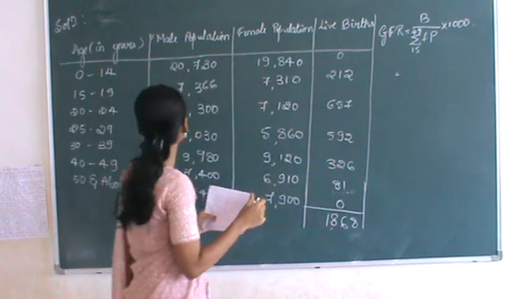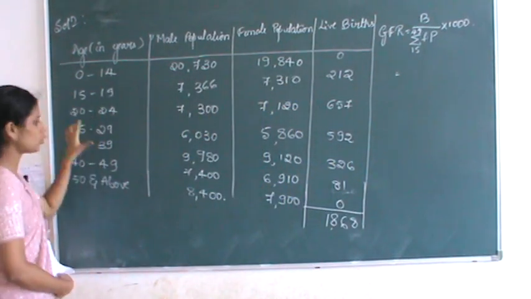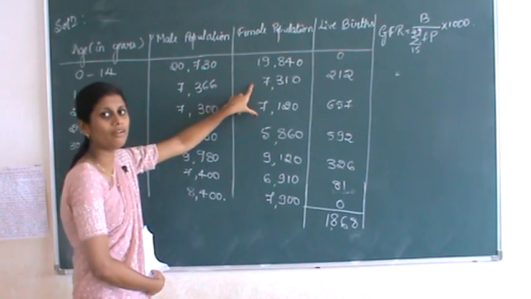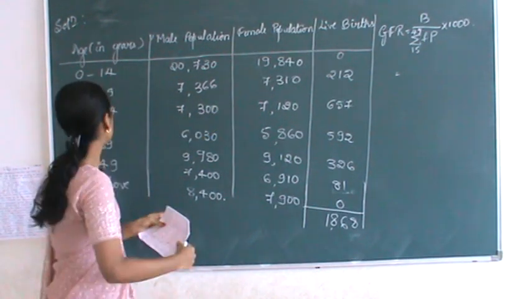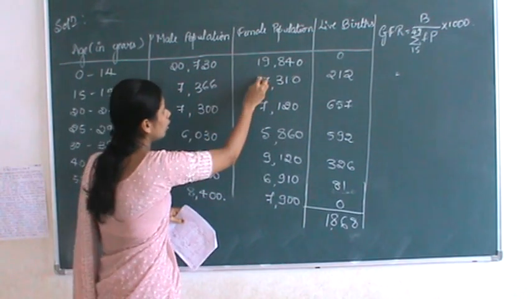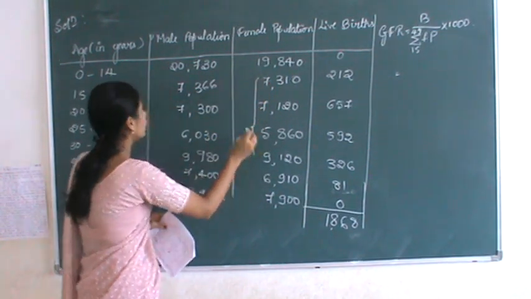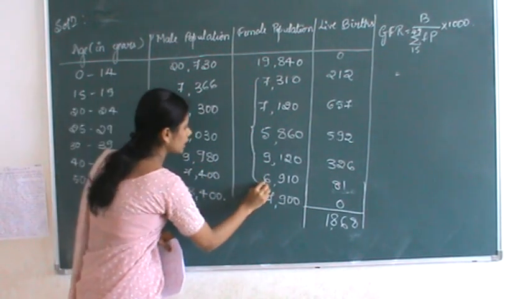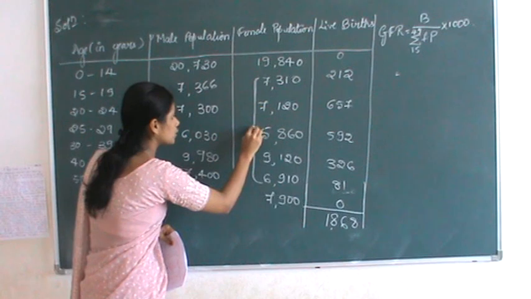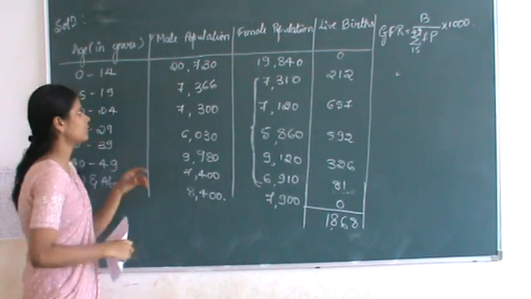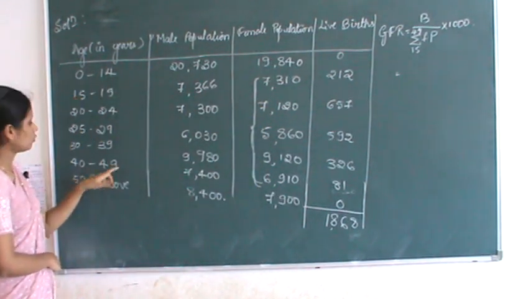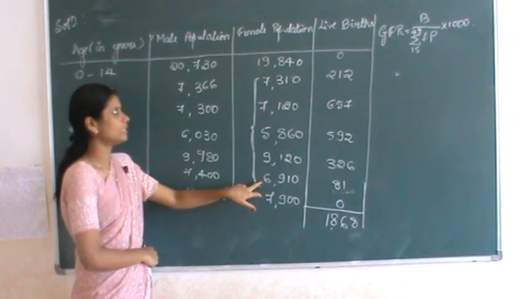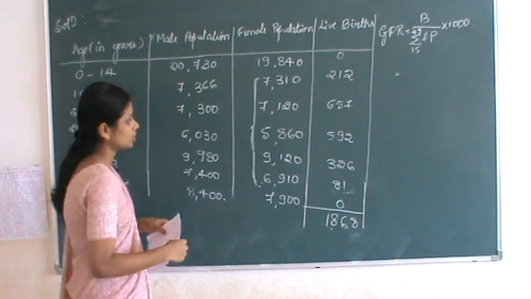Now we need female population of childbearing age. Childbearing age is from 15 to 49, so we need only the female population of that age group. Up to the 49 age group, we calculate the total of female population.